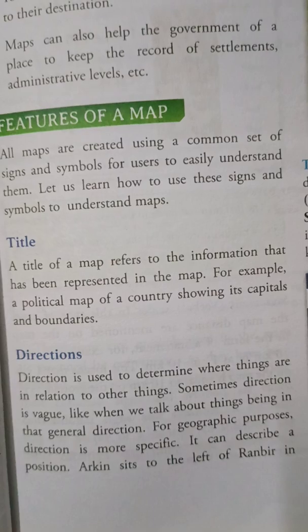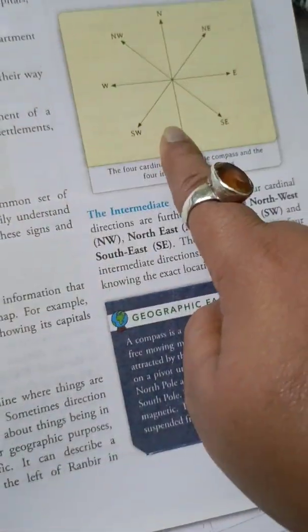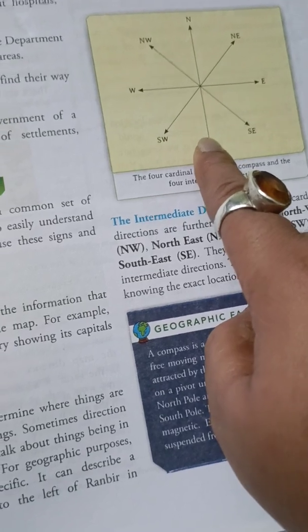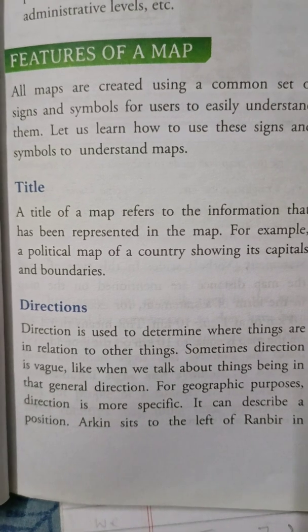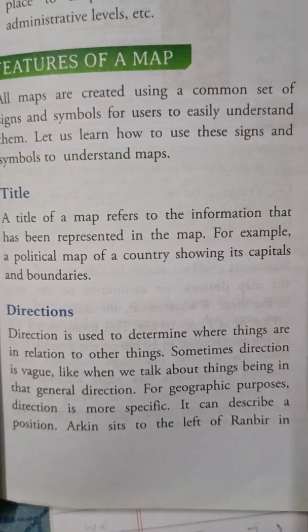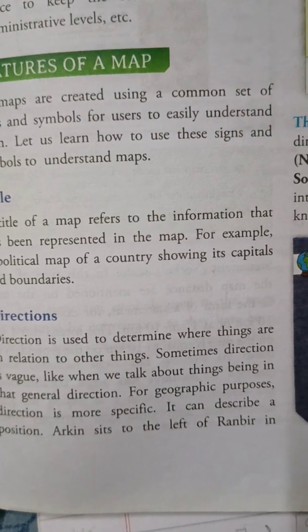Direction. On the map, every time there is this thing made to help us know the direction. For geographic purposes, direction is more specific. It can describe a position.